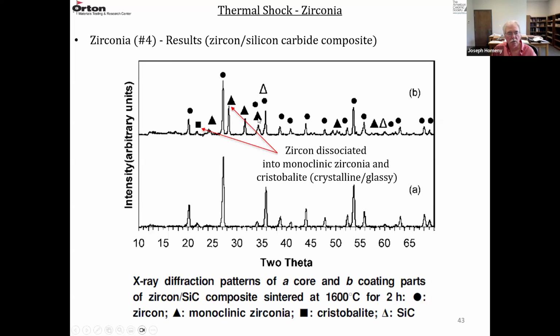You can see the triangles here. If you look down, there's quite a bit of monoclinic zirconia on the surface, none in the interior. And there's some cristobalite on the surface and a little bit in the interior. But the monoclinic zirconia is on that white area.